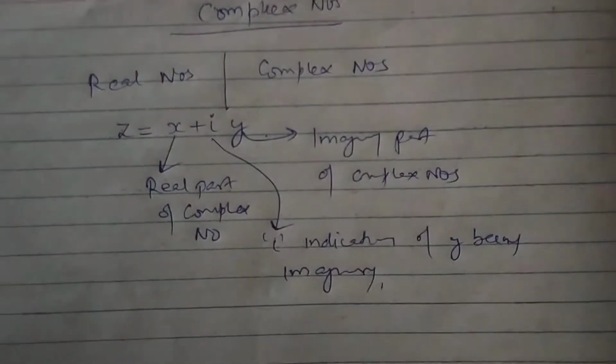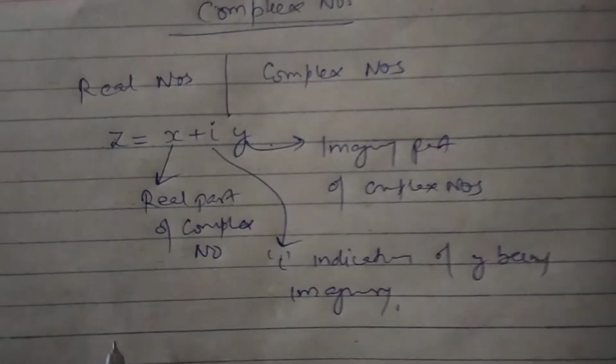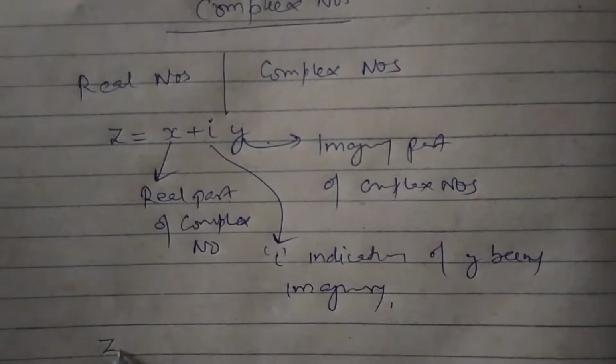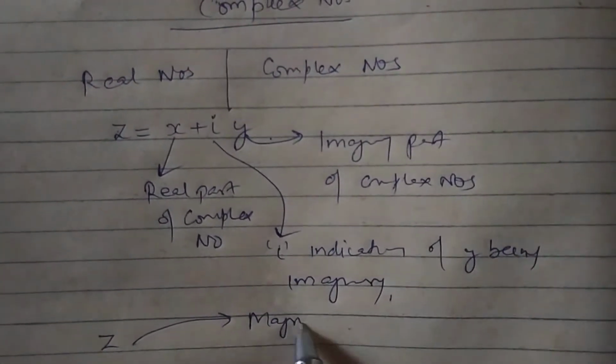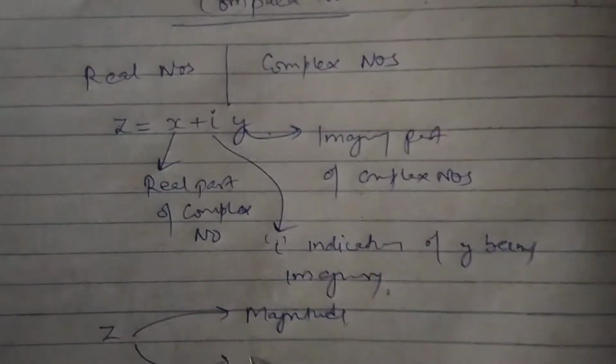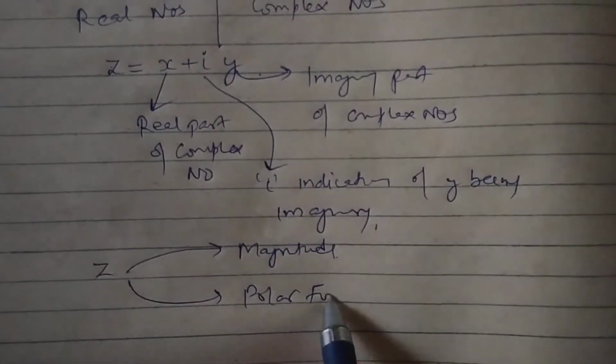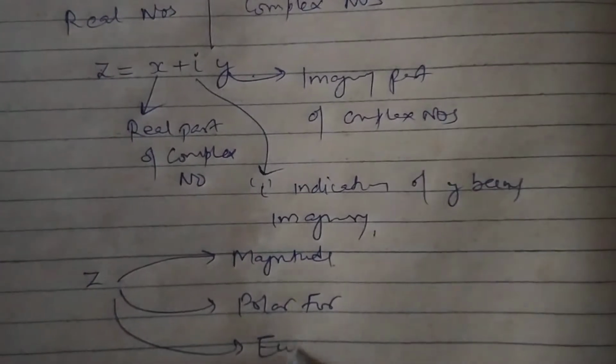So now there are many attributes of a complex number. Let's say z is a complex number. It will have a magnitude, it will have a polar form, it will have an Euler form.